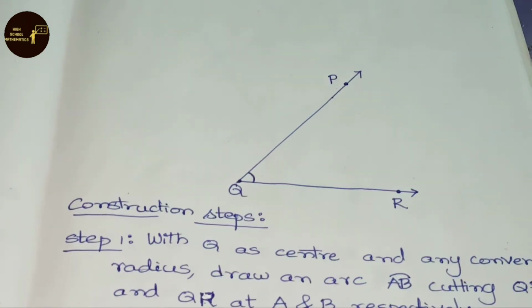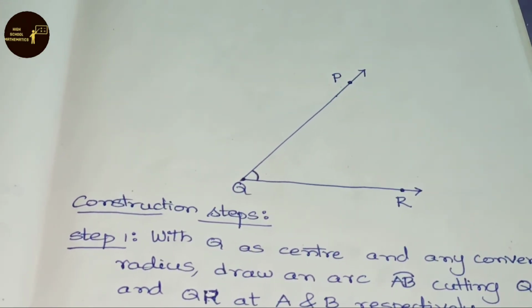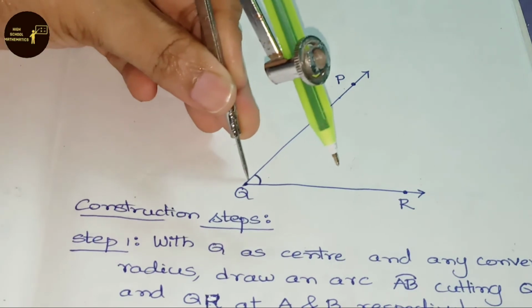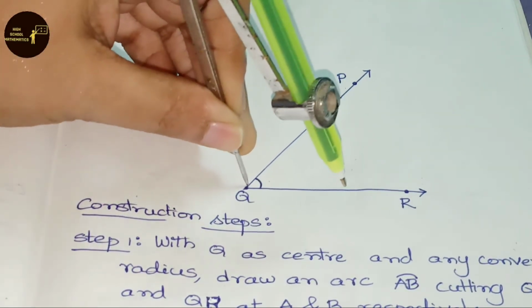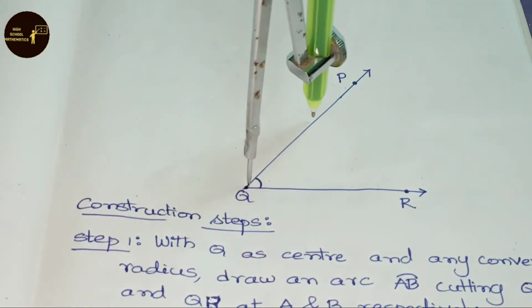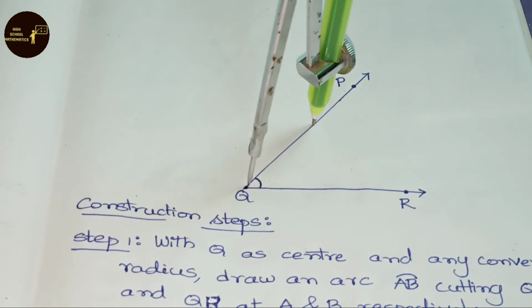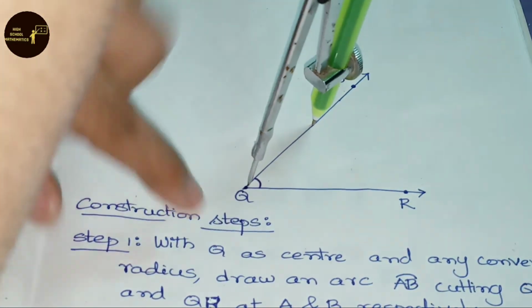See now second one. Now here with Q as center and convenient radius, we are going to draw an arc AB, cutting QP ray and QR ray.